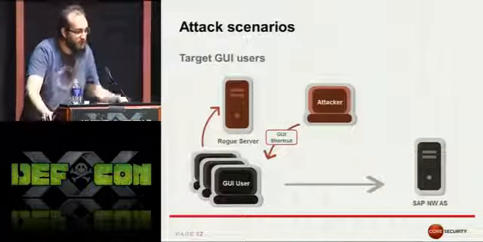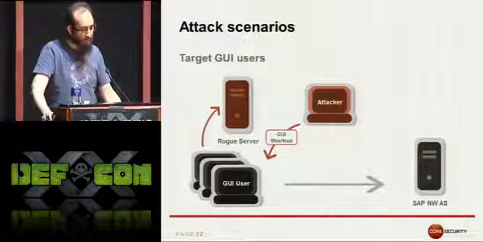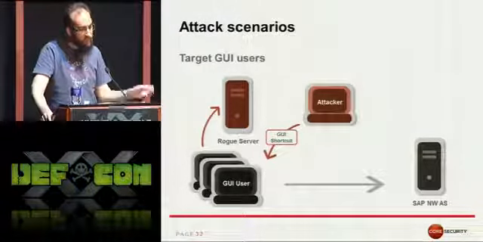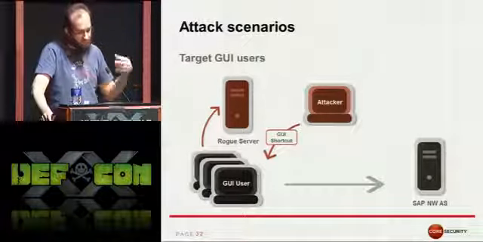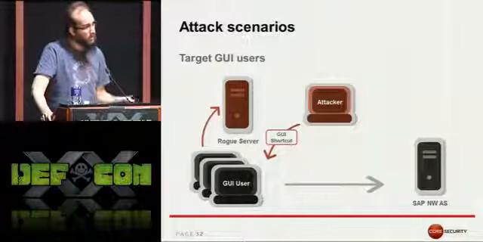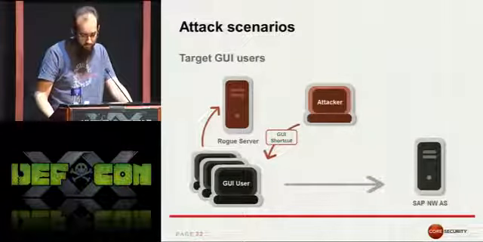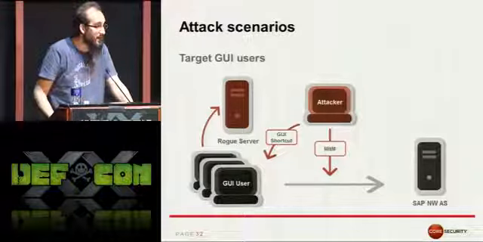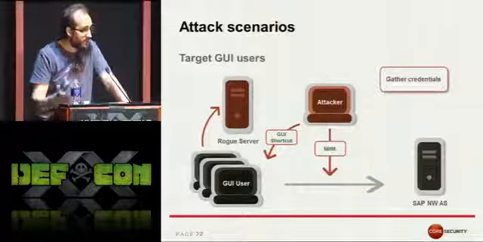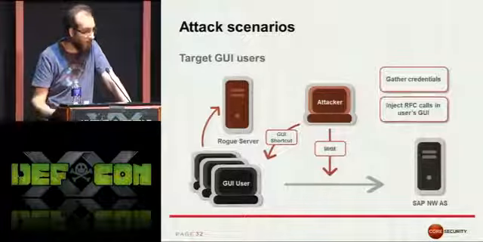So, for example, you can send by email, or embed in a web page, different .sap files or GUI shortcuts, and point those shortcuts to your own fake servers, for example, to gather credentials or to inject RFC codes in the clients. And another attack scenario is to perform man-in-the-middle attacks on valid GUI users, either to gather credentials or also to inject RFC codes in the user's desktop application.